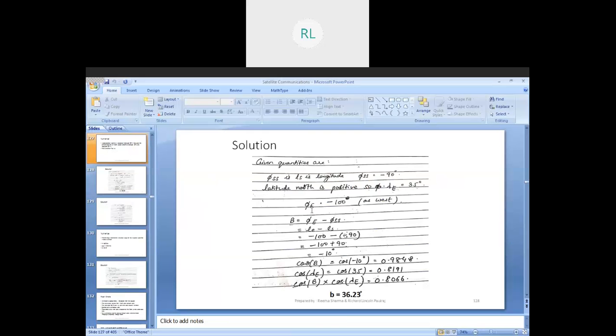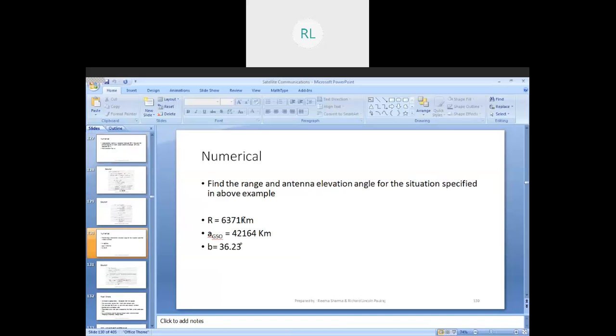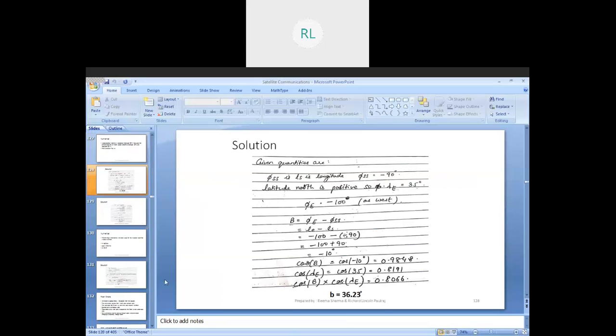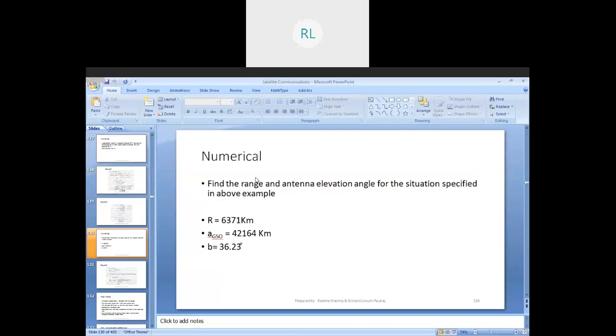Okay. So we will see one more here. Find the range and antenna elevation angle. Here they are making use of the elevation angle formula for the situation specified in the above example. So we are continuing the same example: same values, 90 degrees west, 35 degrees north, and 100 degrees west.